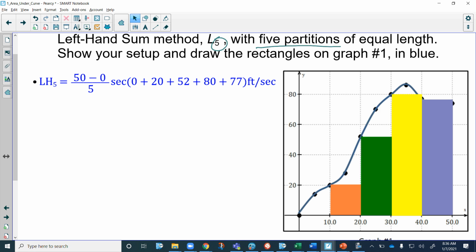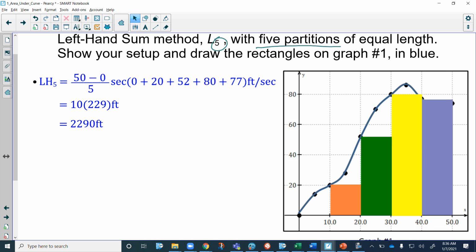And the outputs, I'm just taking those from reading the graph and working it out. I get a base of each rectangle to be 10. The sum of the heights is 229. So that means the overall area, the distance traveled in this case, was 2,290 feet.